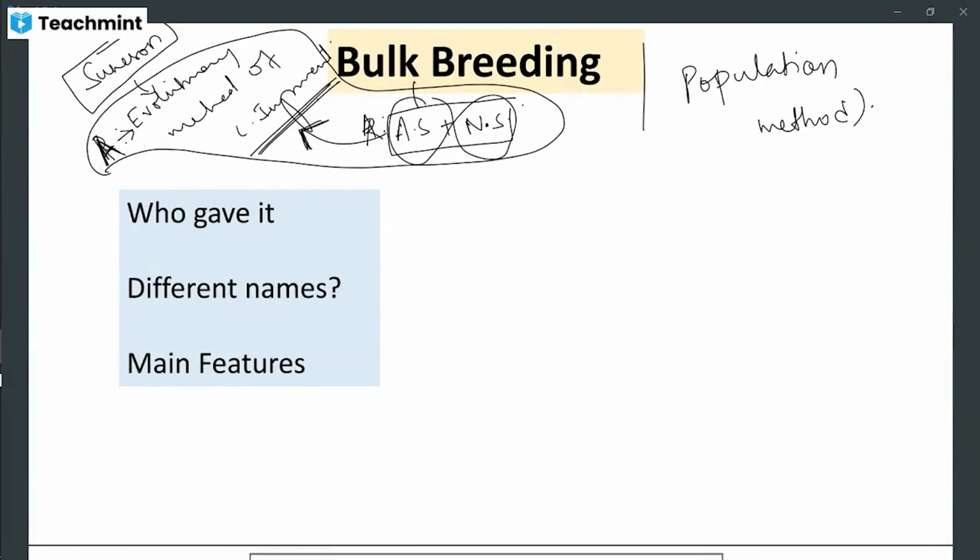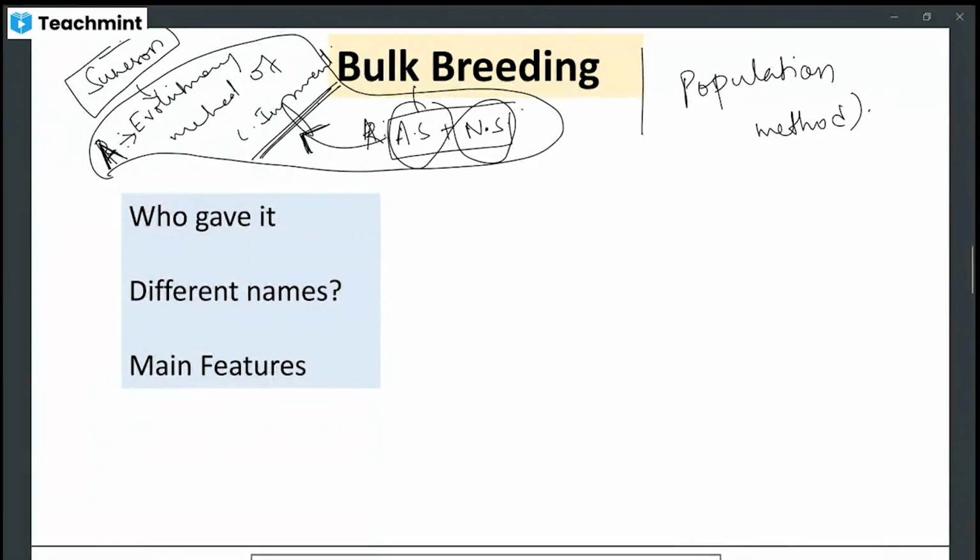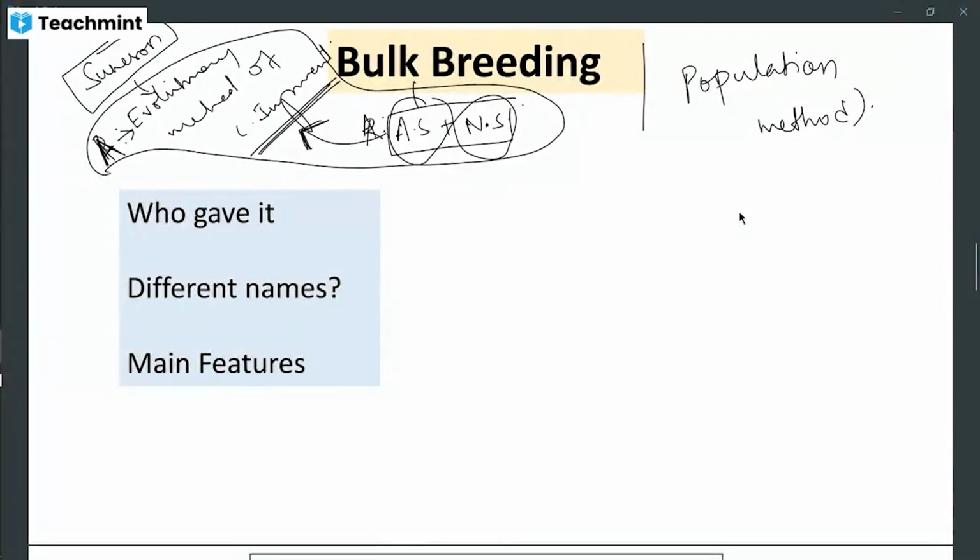Right? So do you know who was the scientist who gave the name bulk breeding method? It was given by a scientist named Nilsson-Ehle.